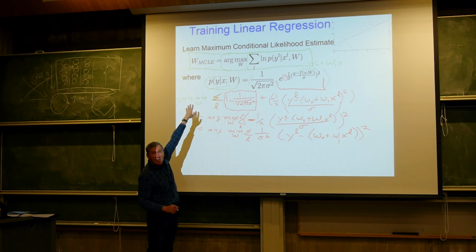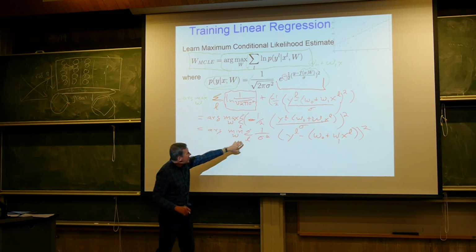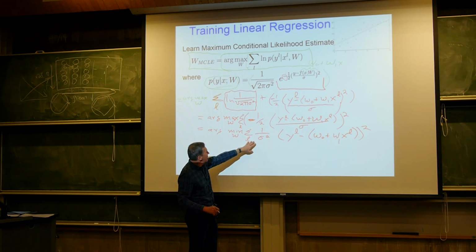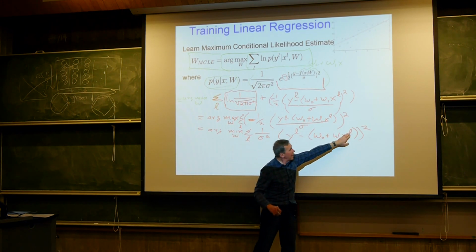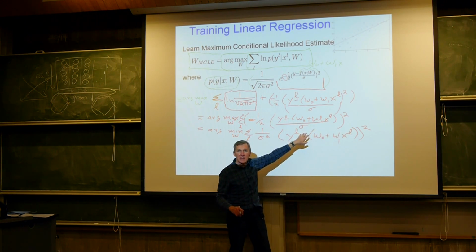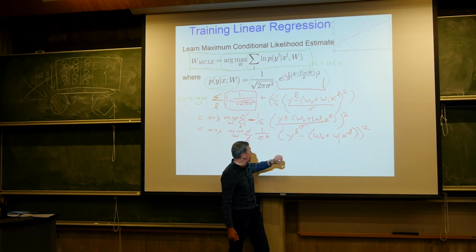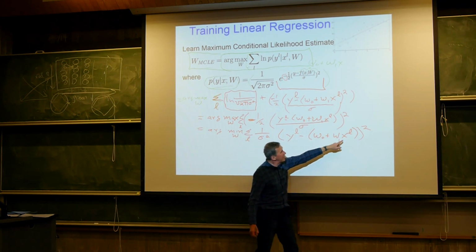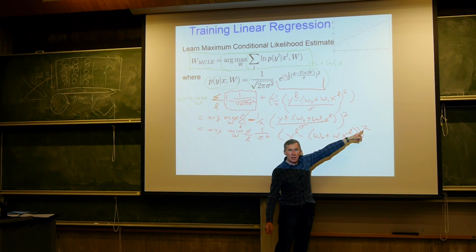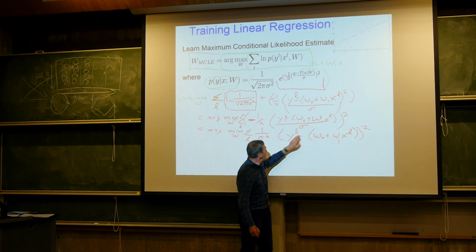If I want to maximize the conditional likelihood, that's equal to saying that what I want to do is minimize the sum over the training examples. That's again what L is the superscript for, the Lth training example. I want to minimize the sum over the training examples of the squared error in my prediction of Y.